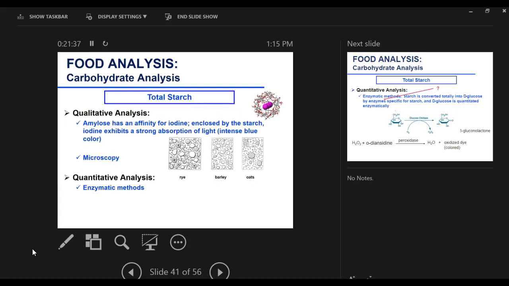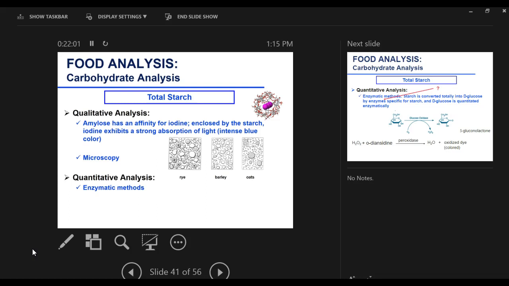Okay. So with total starch, there is qualitative analysis where you determine whether or not starch is present. And this is simple. Starch and iodine form a blue complex. You can put a drop of iodine in your sample, and if there's starch, it will turn blue. If you don't have starch, it won't turn color.